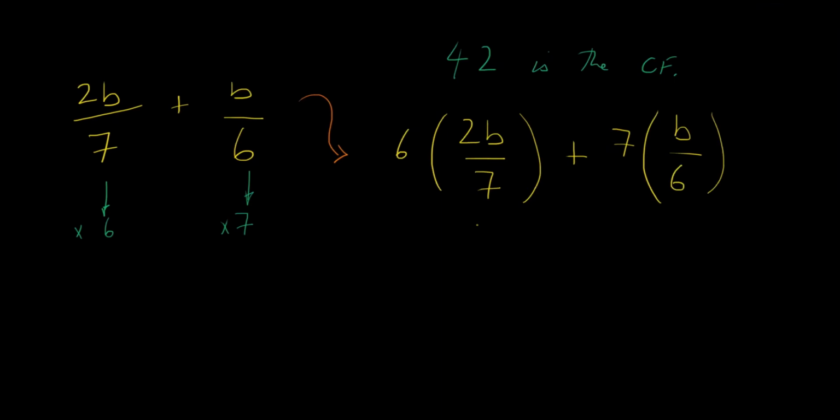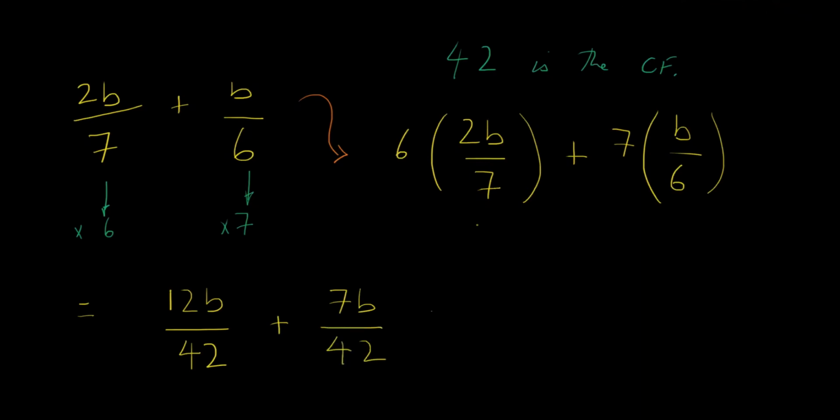There we go. So when I rewrite this now, I've got a 6 times 2b is equal to 12b. 12b, and that becomes 42, because it's 6 times 7, okay, plus 7 times b is equal to 7b, and that also is 42 now.